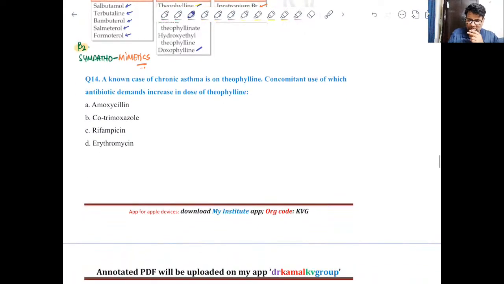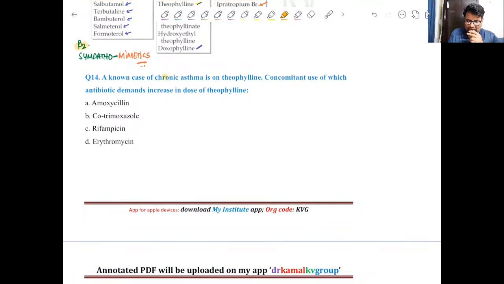Now next question: a known case of chronic asthma is on theophylline. Now concomitant use of which antibiotic will demand an increase in the dose of theophylline?